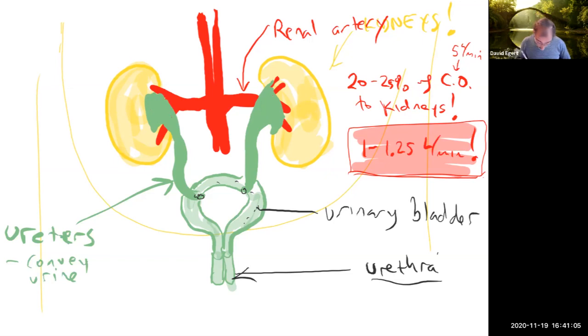The urethra can be different lengths. If you are a woman, the urethra is only about 1.5 inches. It doesn't have to go very far. The urethral opening is just in the vulva. It's very close. In a guy, the urethra is a lot longer because it has to go down and through.